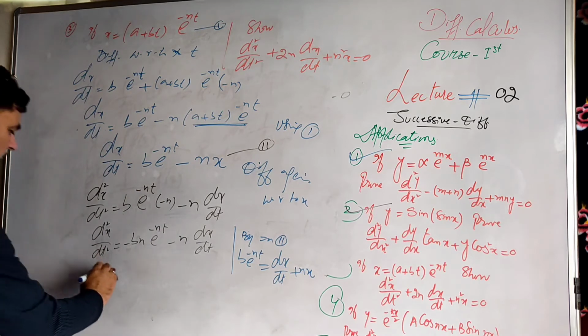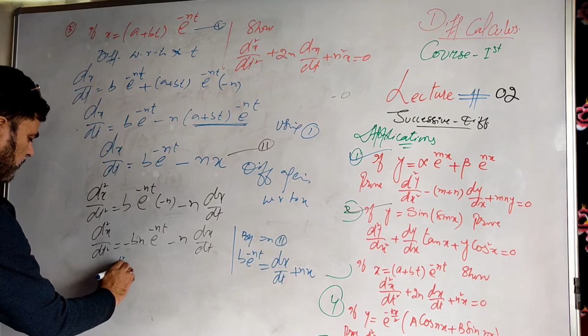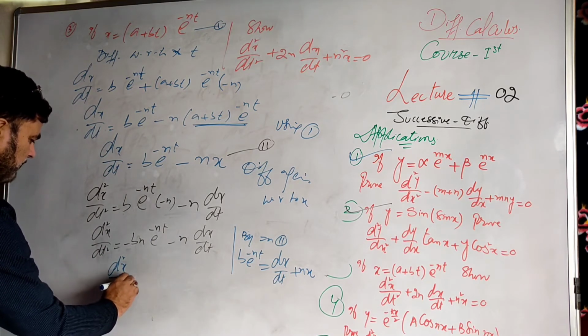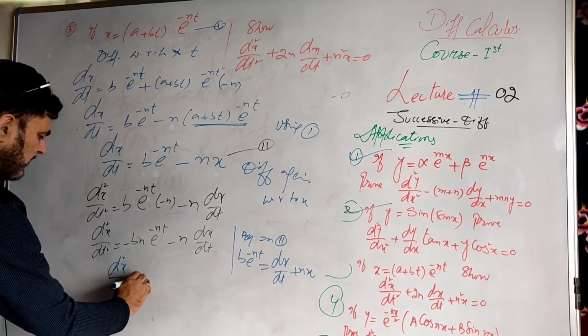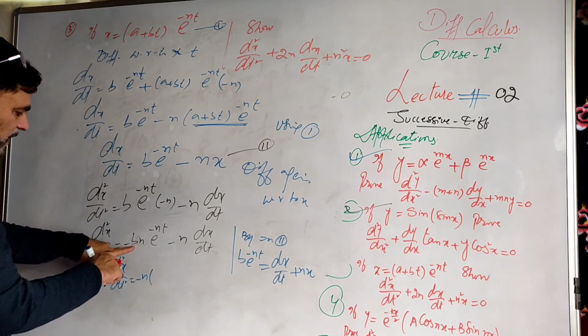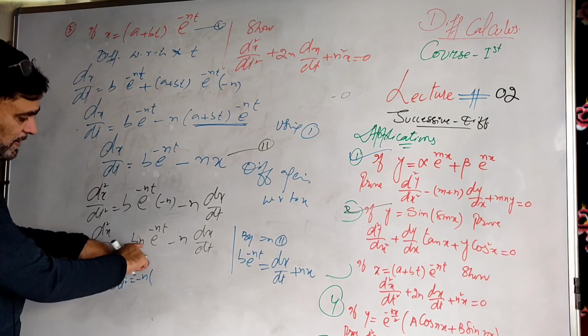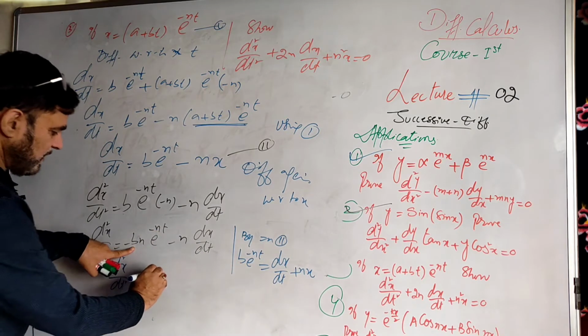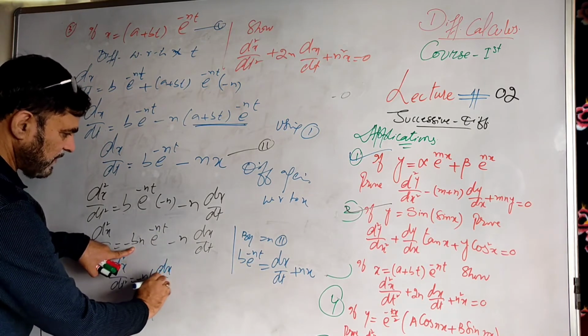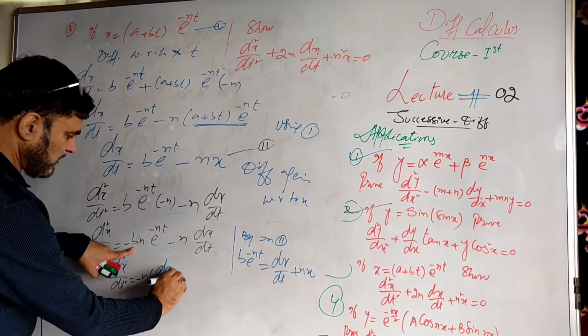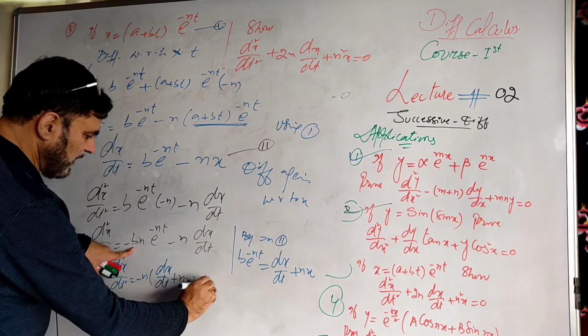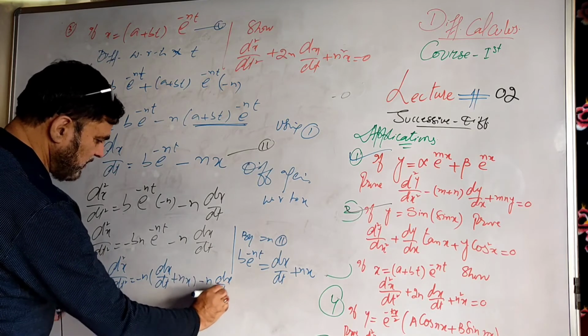Then use here. d2x by dt square is equal to minus n times b e raised power minus nt, which is given by dx by dt plus nx, minus n dx by dt.